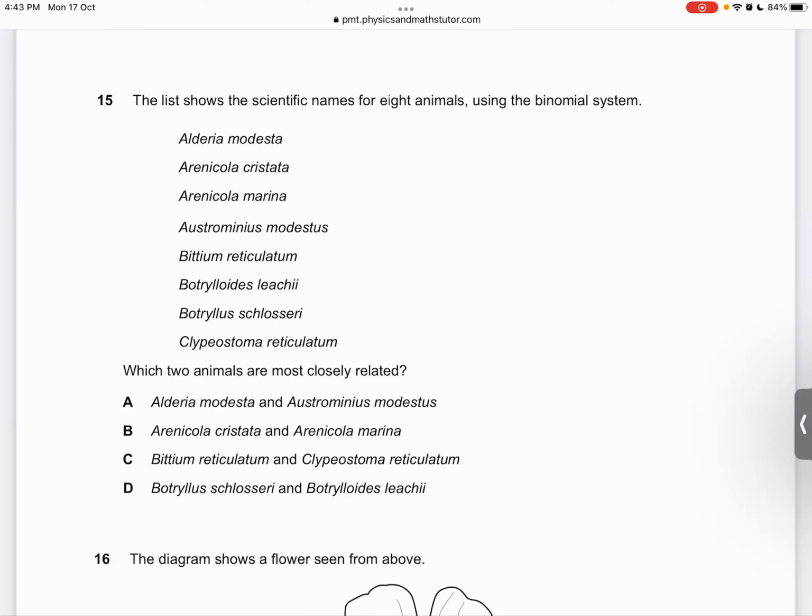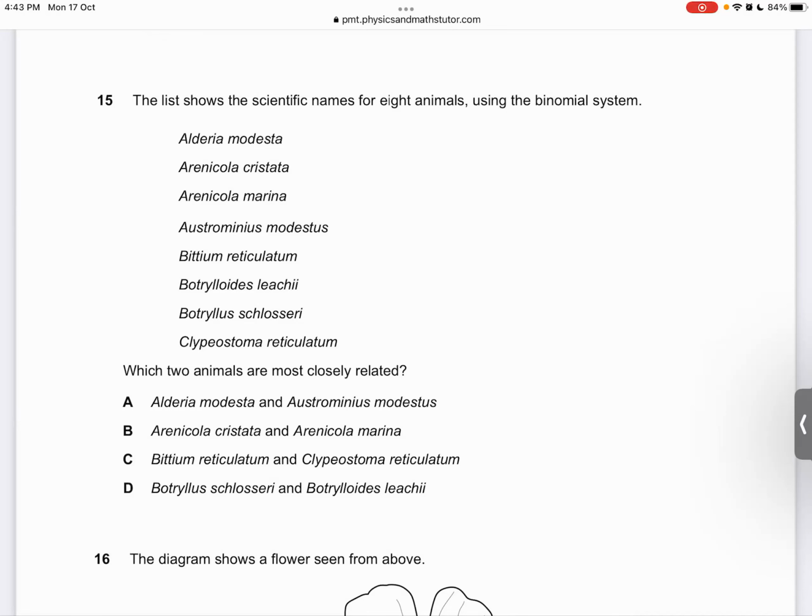Miss, option A and option D is out, and so is option C. It's B. Yeah. Acha, in option C, the species is the same, isn't it? Yes, but the genus is different. No, but see, when we go from the top to the bottommost hierarchy, the second name which we have is the name of the species. अगर species का name same है, इसका मतलब कि इसके बहुत सारे common features हैं.